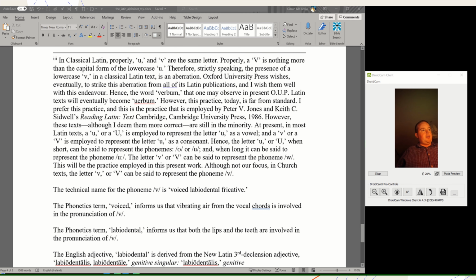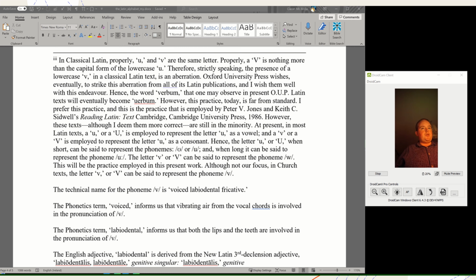The technical name for the phoneme V is voiced labiodental fricative. Voiced means there is a puff of air, or something like that. Fricative because it's pronounced by making friction in the labium, or lip, and the dentes, which is Latin for teeth.